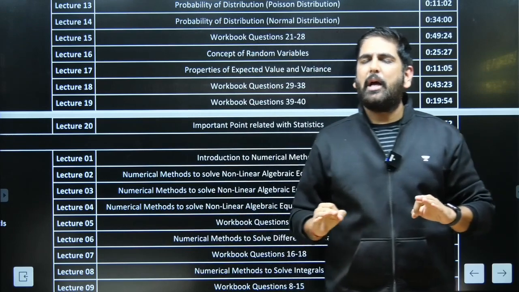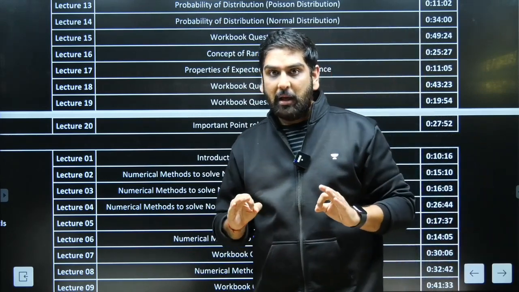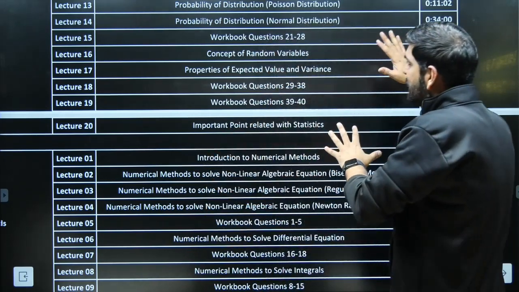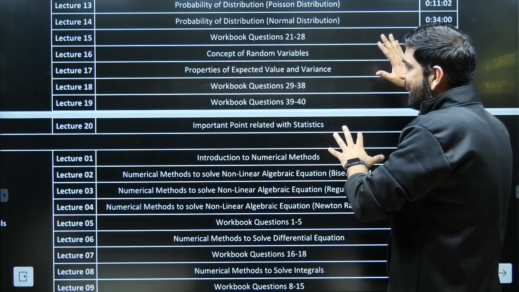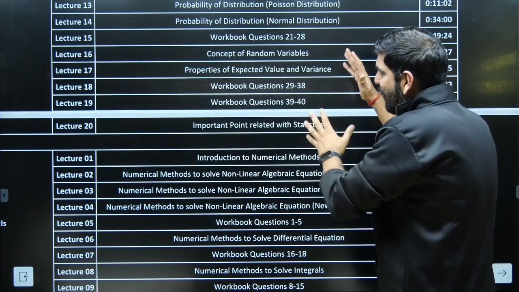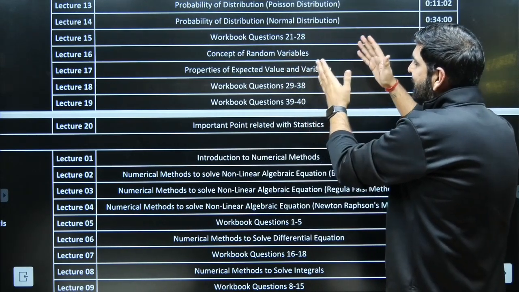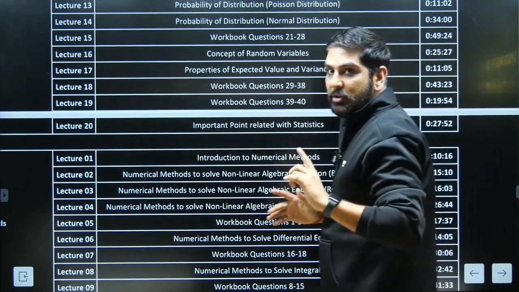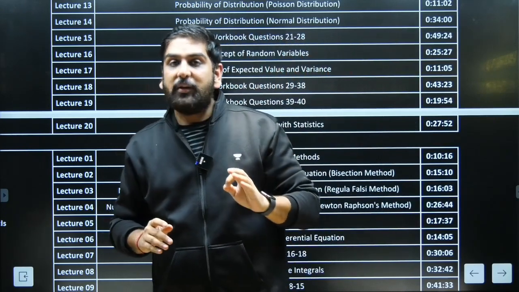So I am really happy with the curation of the cases of properties of expected value and variance, and also with the dealing of statistics.